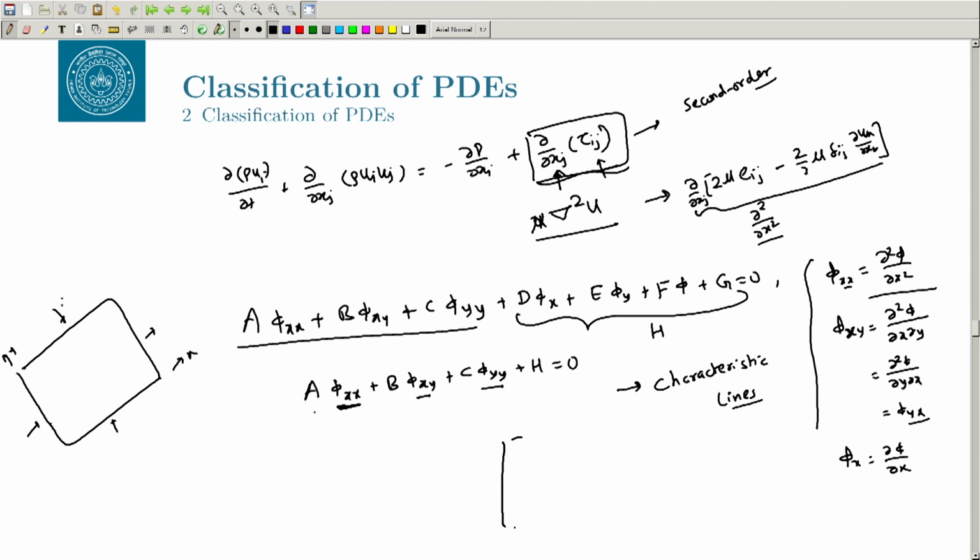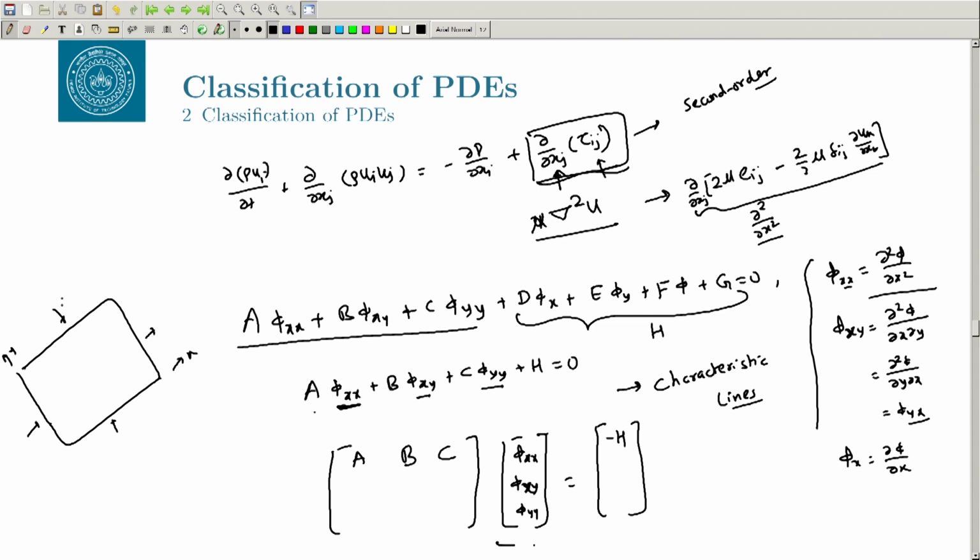If you write it in matrix form, we have phi_xx, phi_xy and phi_xy, phi_yy, and on the right-hand side, let us say I put minus h, and then we have this a, b and c. In order to get a meaningful solution to this matrix, we need two more expressions.